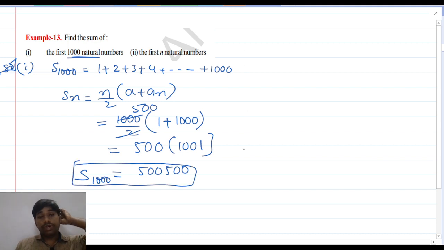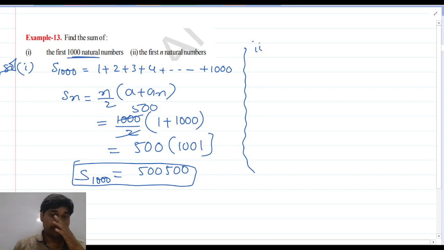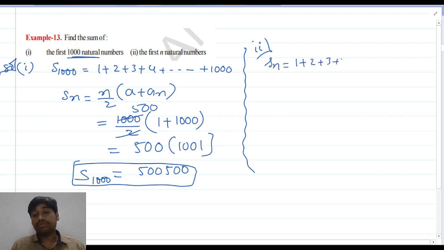Similarly, find the sum of first n natural numbers. The sum of n natural numbers, the sum of n terms, is equal to 1 plus 2 plus 3 plus 4, and the last number here is n. Then the formula is Sn is equal to n by 2 of (a plus an).